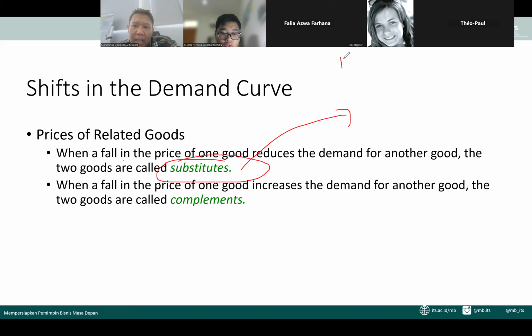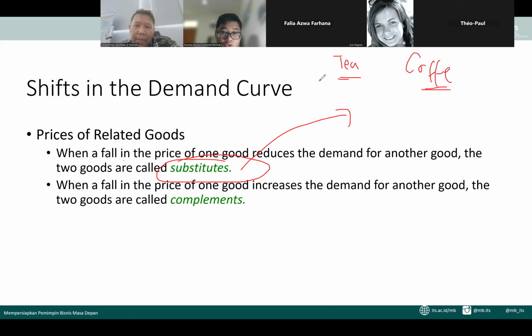Let's say tea and coffee. Okay, so tea and coffee might be a good example of substitutes. So what will happen? When a fall in the price of one good reduces the demand for another good.